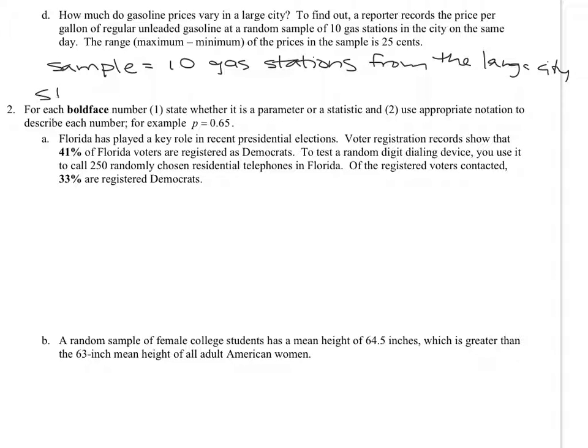All right, and then our statistic is the range, which is equal to 25 cents. All right, so don't forget to do part C so that we can check that tomorrow in class. Make sure you know what's going on.